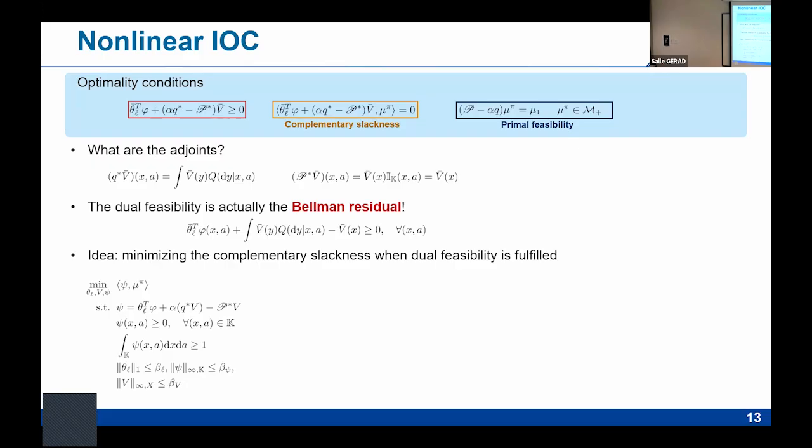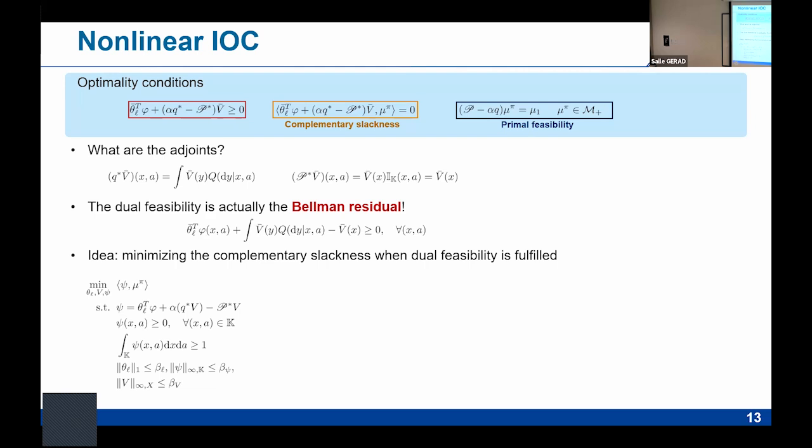This happens to be the Bellman residual of your dual. So you are trying to minimize the complementarity slackness, constrained by these inequalities. It's basically the same story. Last time, what we talked about, the LQ in IOC, is just a special case of this one.